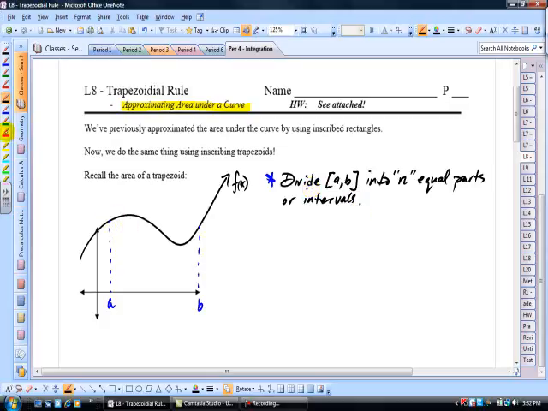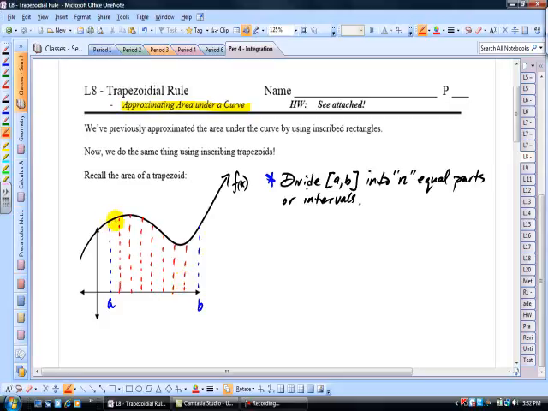Let me just draw some intervals in here. Let's draw n intervals. So let's divide them up like so. They have to be equal width too, so I'm trying to draw them in such a way that they have equal width. There we go.